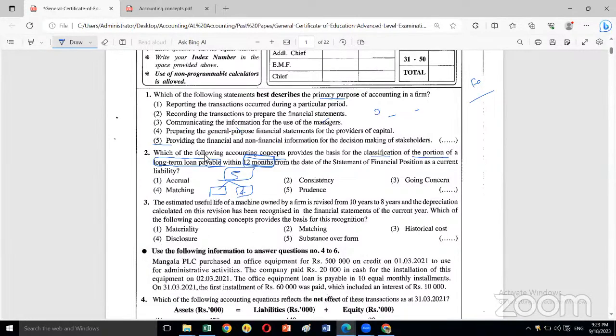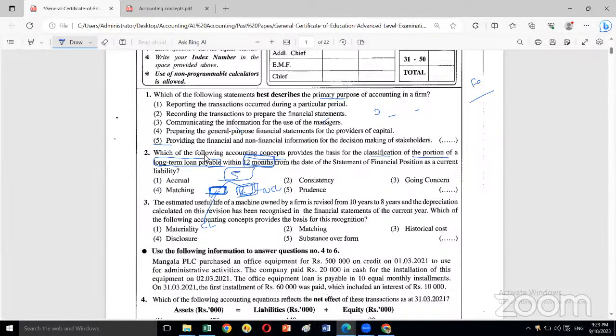So next year's installment is an actual amount. At the moment take it simple, as I can't explain in detail here. Next year I have to pay some amount of money, so I should record that as a current liability. And the remaining years' amount, I should record as a non-current liability.